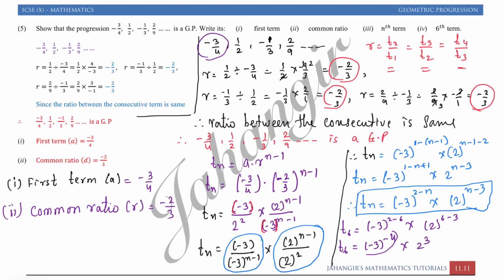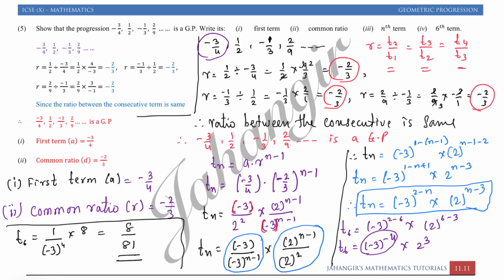Since the power is negative, I am writing it over here. Just have a look at it. T6 is equal to 1 upon minus 3 raised to 4, into 2 raised to 3 is 8. So I get 8 upon 81 as the final answer. So T6 is 8 upon 81.